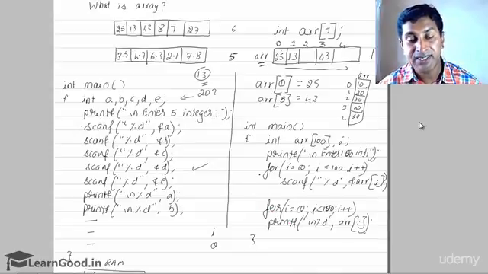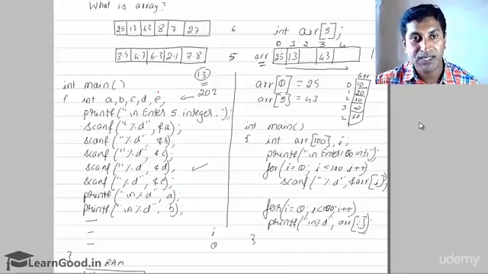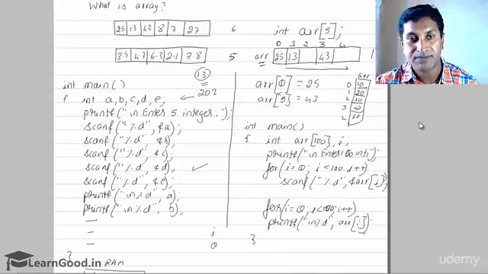So managing a similar type of set of data becomes easier when you go for arrays. It's very difficult when you use different variable names in this fashion. Okay, so that is why we go for an array. So with this example, I think you have understood what is an array and what is the use of going for an array.